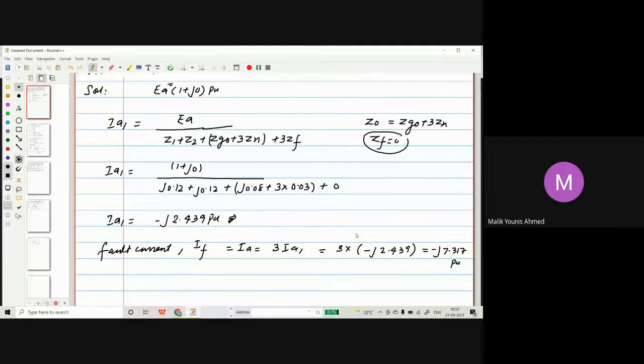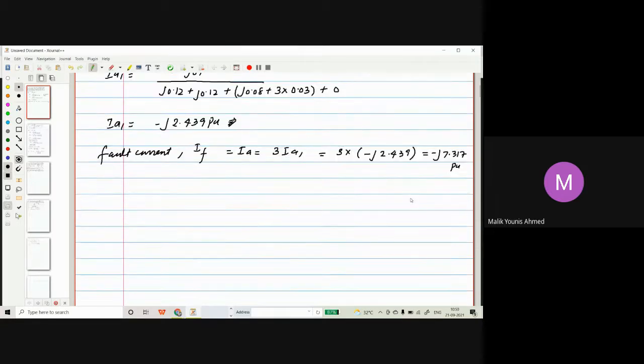Okay. Then the other things you have to find yourself, that is the symmetrical components of the voltage. VA1 you have to find, that is EA minus IA1 Z1. You know the value of IA1, so you can find it. Similarly, you can find VA2, that is minus IA2 Z2.